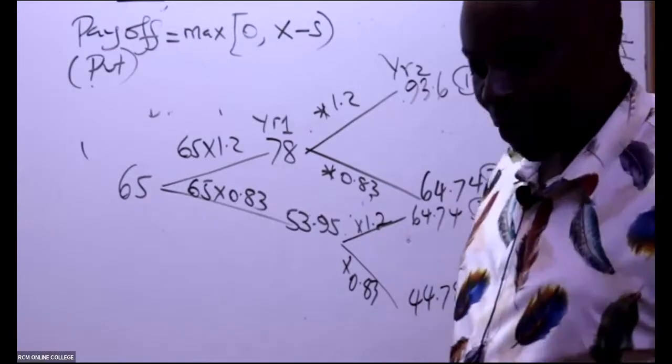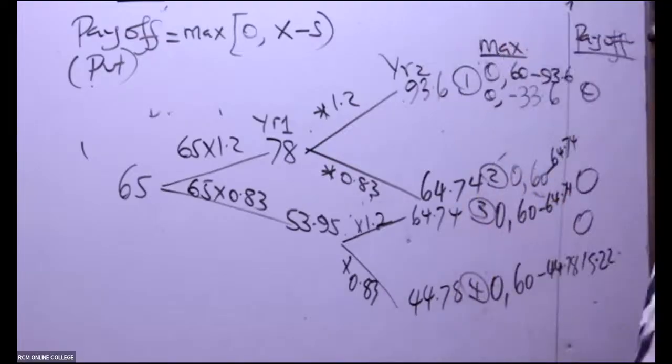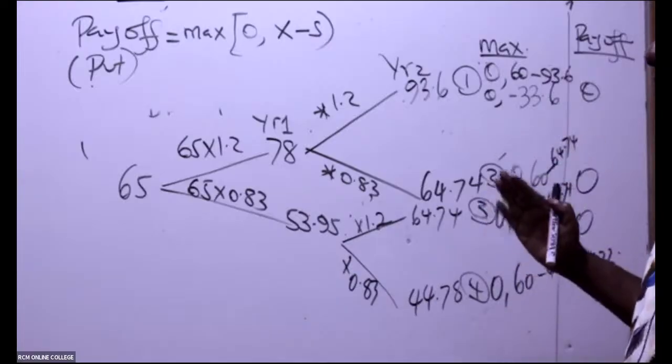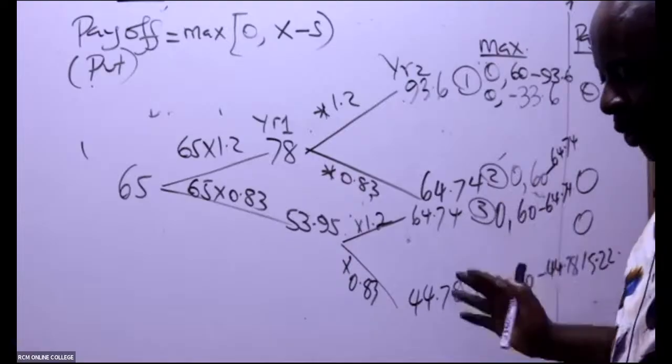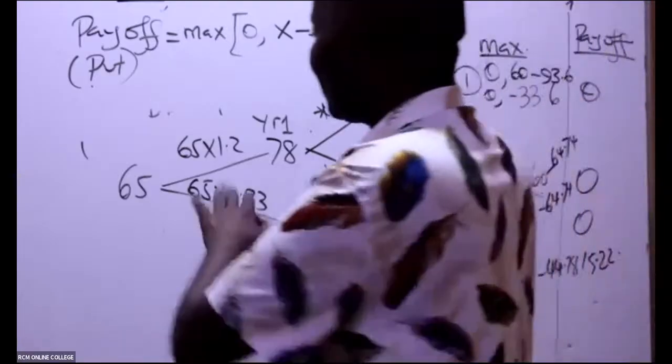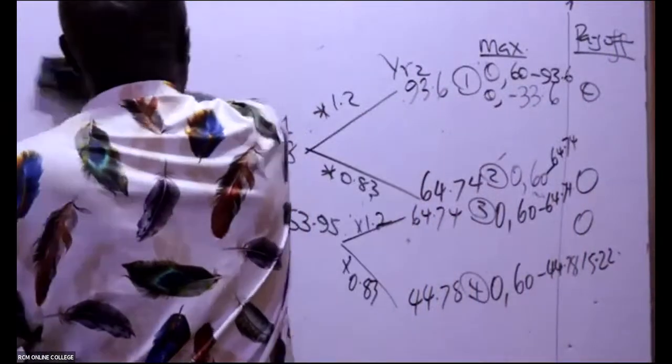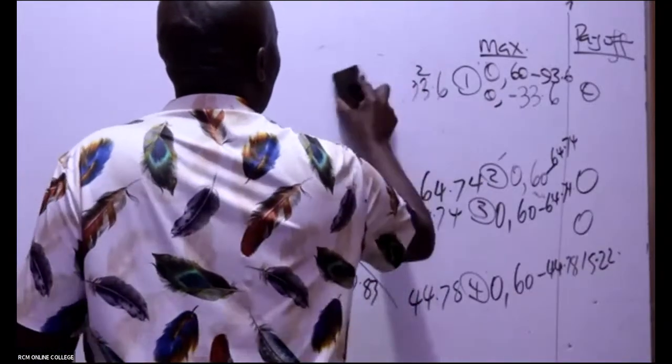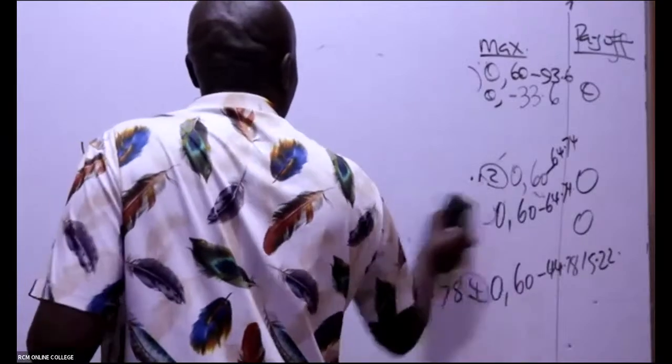Now, from there, you'll be able to give us, ladies and gentlemen, a probability tree of payoffs only. So step number 4, I think this is step number 4. Probability tree of payoffs only. The same one, but now payoffs only.